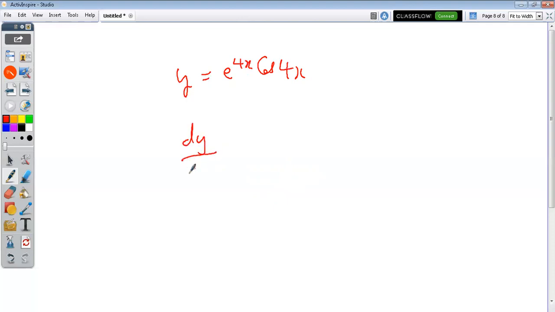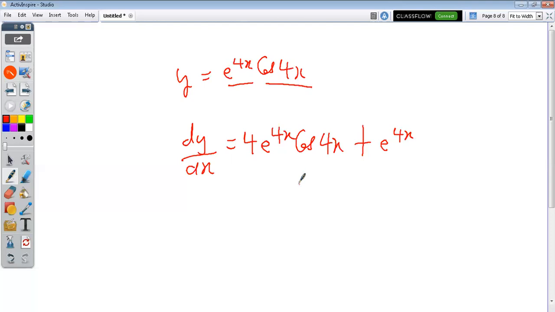So dy over dx is equal to, if I choose to differentiate this, 4 e to the power of 4x, we don't differentiate this, so cos 4x. Plus, this time we don't differentiate this, so e to the power of 4x, but now we differentiate this.